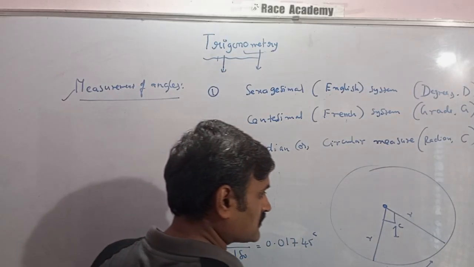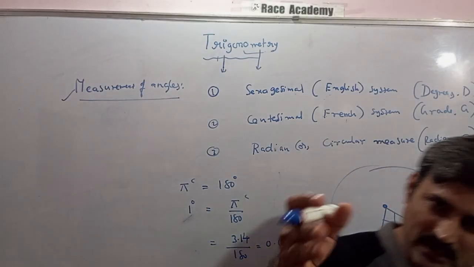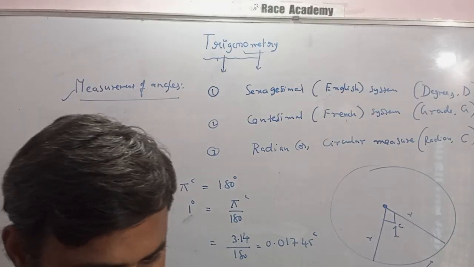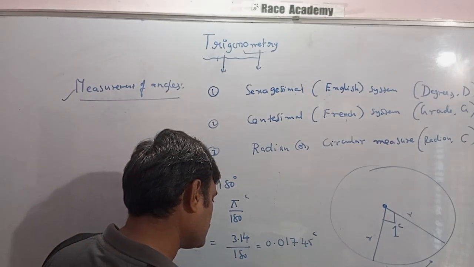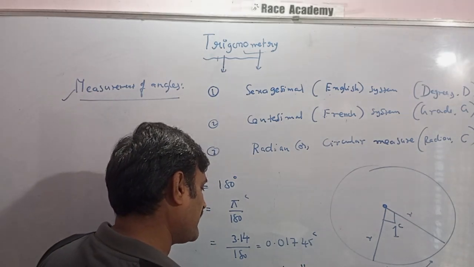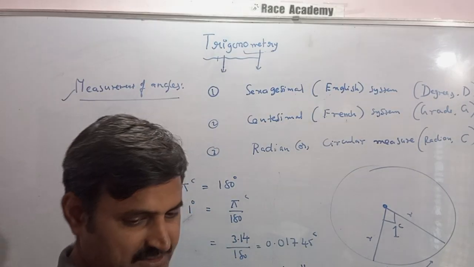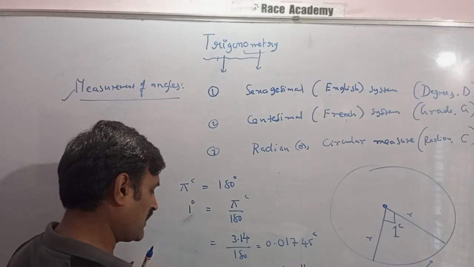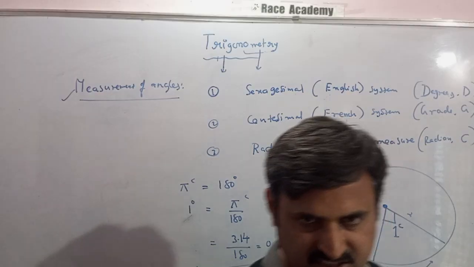Whereas if you want to convert 1 radian into degrees, minutes and seconds, it comes to 57 degrees, 17 minutes, 45 seconds. So 57 degrees, 17 minutes, 45 seconds is the answer for 1 radian.